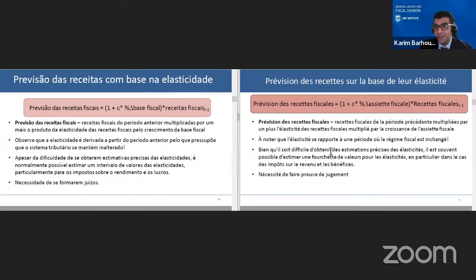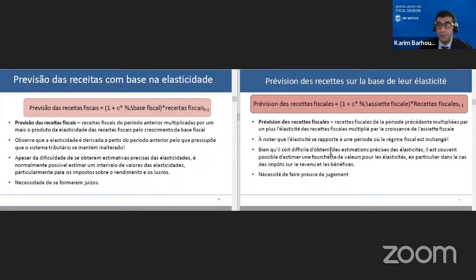Elasticity cannot be only one number; it could also be a range of numbers, and we have to calculate and get information about elasticity for different tax categories. But that means that even though we have this information, judgment is very important in making the forecast using elasticity. So in practical terms, how can I use the elasticity to forecast tax revenue?